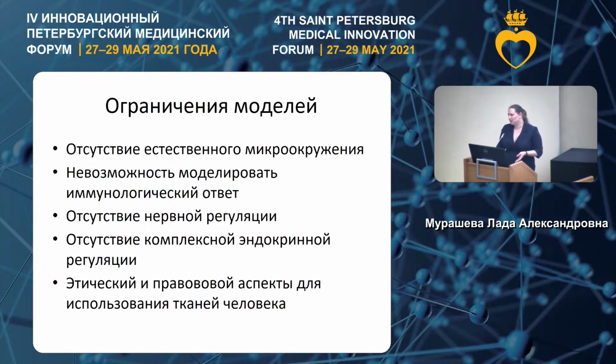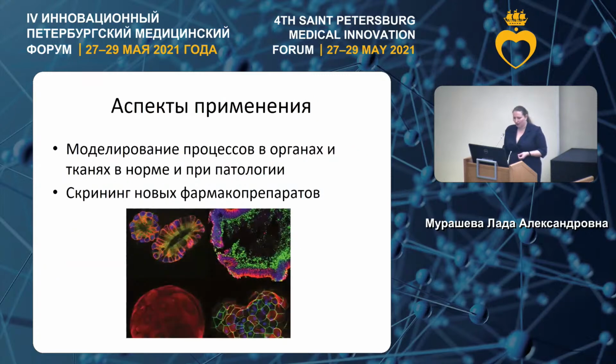There is a lack of complex endocrine regulation. We can affect specifically using a hormone and see how the cells and tissue will behave, but we cannot create that feedback, that fine balance of a living body. As to human organs and tissue, there are ethical and legal aspects for which our organoid models are not sufficiently developed.